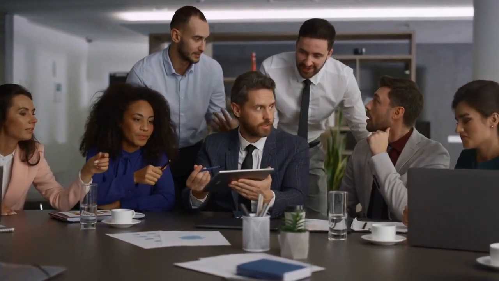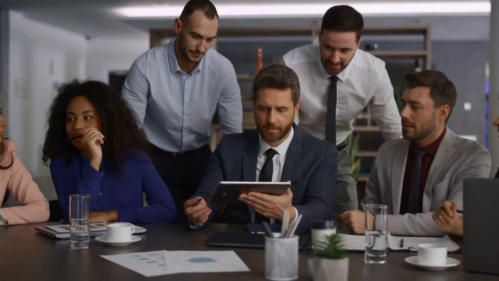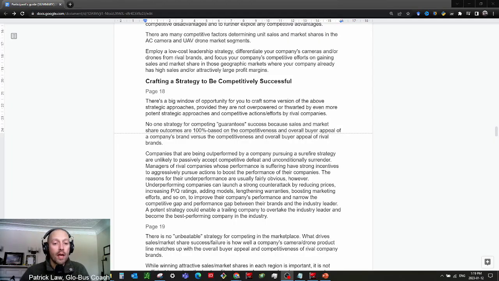Underperforming companies can launch a strong counterattack by reducing prices, increasing PQ ratings, adding models, lengthening warranties, boosting marketing efforts, and so on to improve their company's performance and narrow the competitive gap and performance gap between their brands and the industry leader. A potent strategy would enable a trailing company to overtake the industry leader and become the best performing company in the industry.